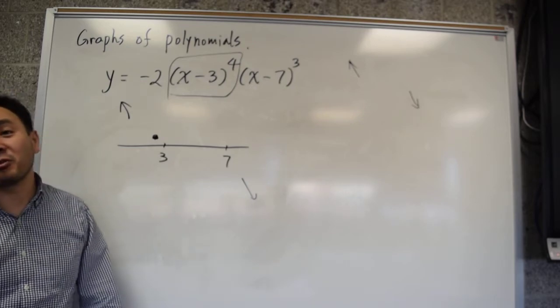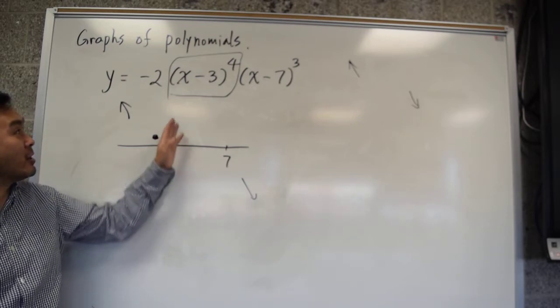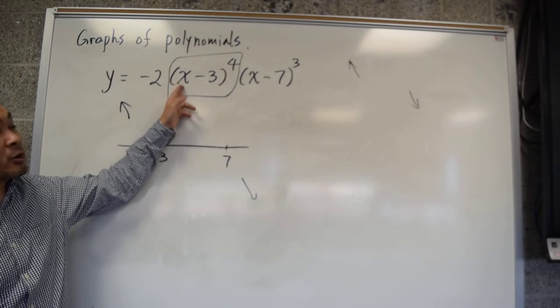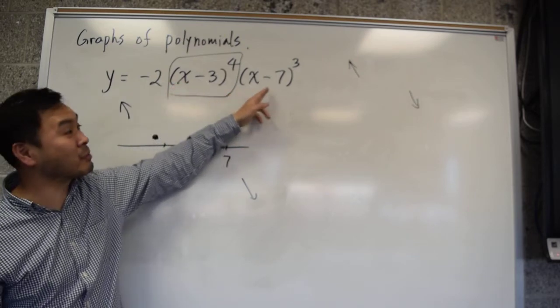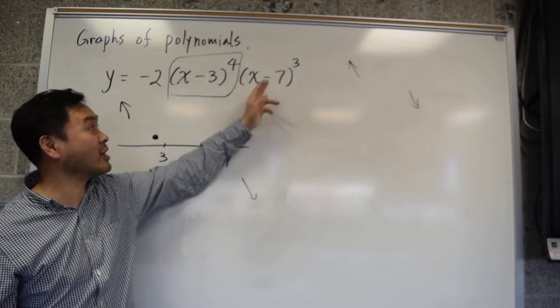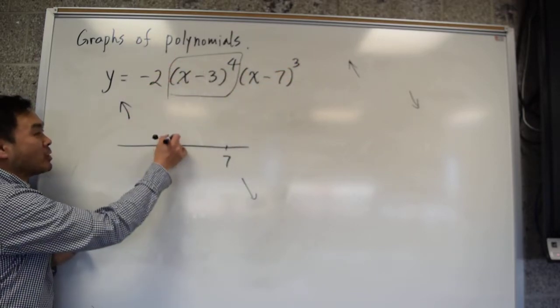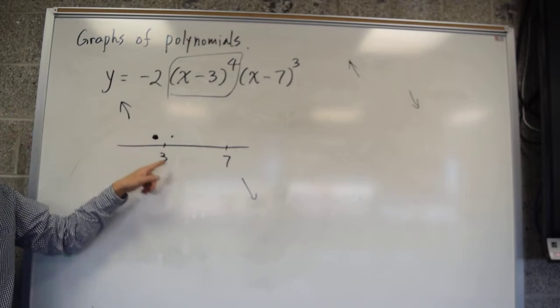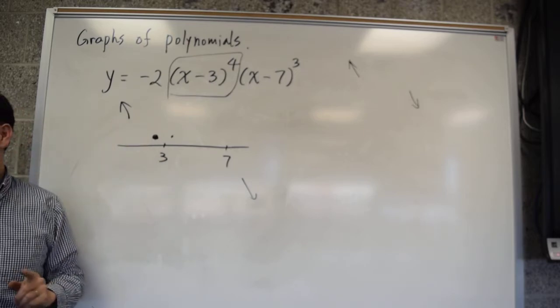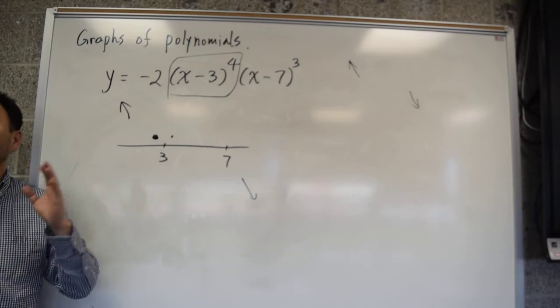What about right after 3? Positive. 3.1 is positive. 3.1 minus 7 is negative. Negative cubed is negative. Again, times negative is positive. So what happened? Did it change the sign or did it bounce back? It bounced back.